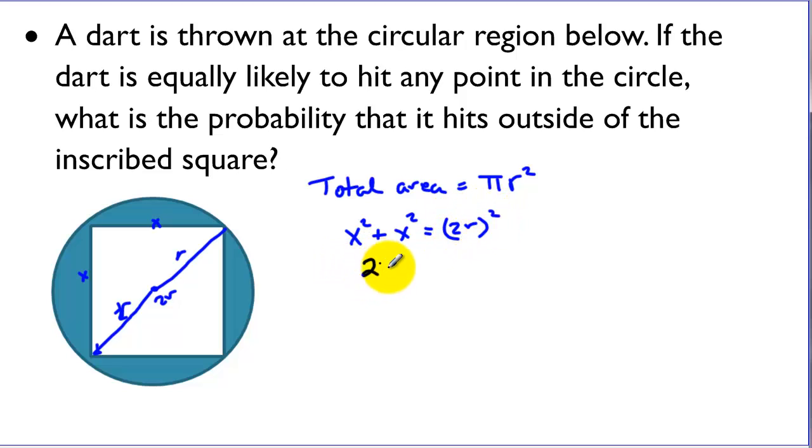So 2x squared equals 4r squared. So if we solve here for x, we would divide by 2 and get x squared equals 2r squared. We'll just go ahead and leave it x squared because the area of the square will be x squared.